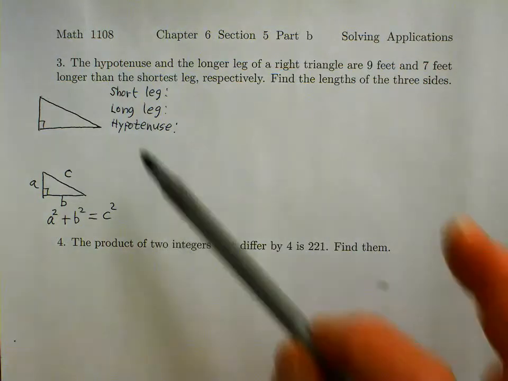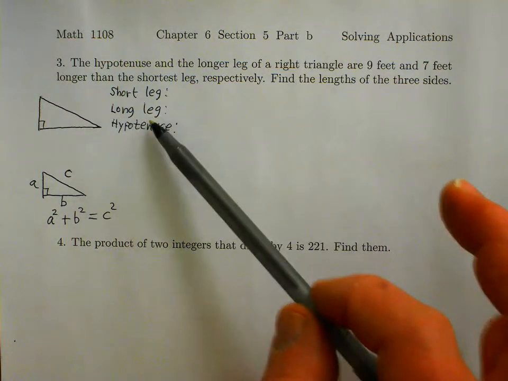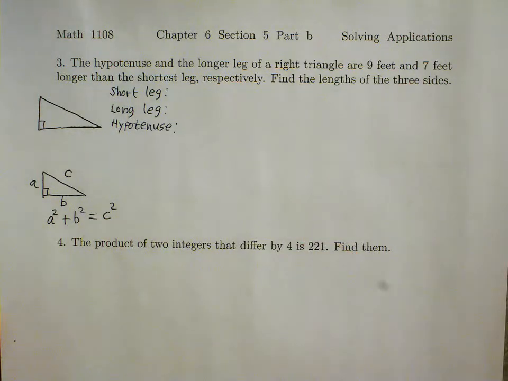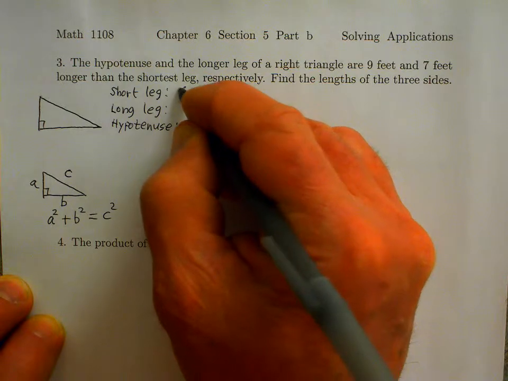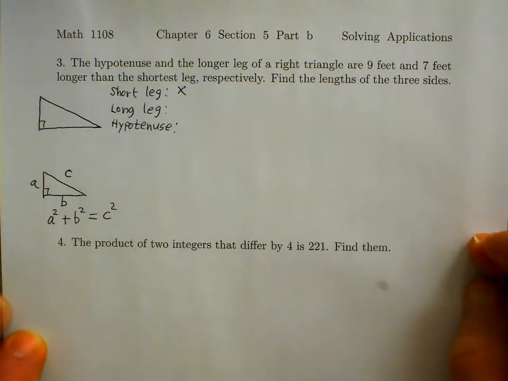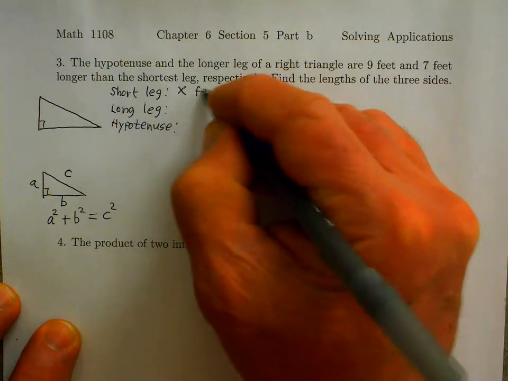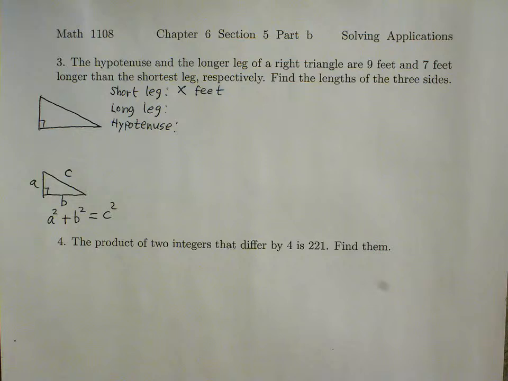Since each is described in terms of the short leg, it's going to be simpler in this case to assign a single variable for the short leg. So if I say that the short leg is x feet, then I can represent the hypotenuse and the longer leg in terms of x.